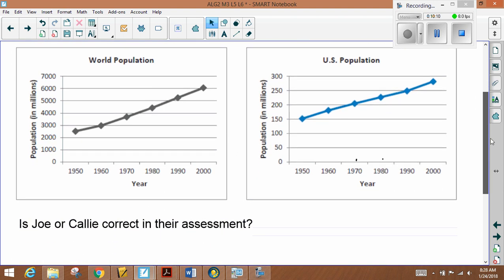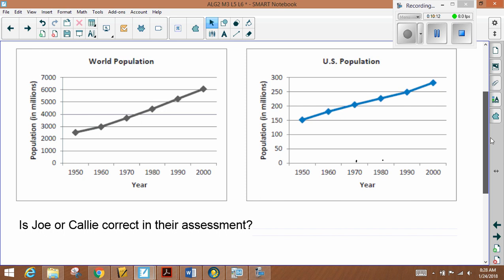So, all right, how are we going to figure that out? Which one of them is right? I think we should probably look at the slope. He said look at the slopes. There is absolutely no way that the world population is growing the same amount as the U.S. population. That's crazy. We don't have that many people in the United States compared to other countries like India and China.